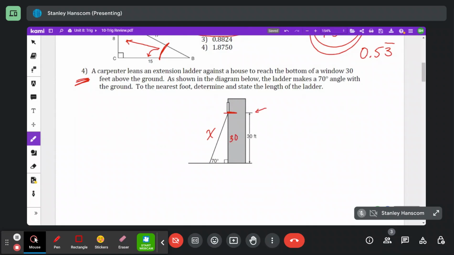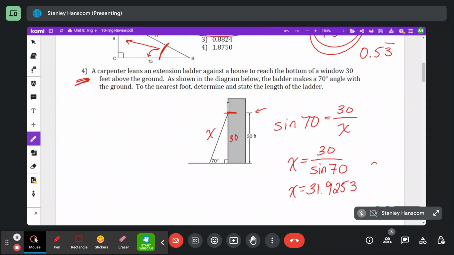So for this question, we would know that the sine of 70 is equal to 30 over X. What we can do is cross multiply or use the shortcut that comes from cross multiplying and switch the location of the sine of 70 and the X. And we follow rounding instructions. This says to the nearest foot. When I type this in, I can take the decimal that I obtain and note that this is approximately 32 feet.